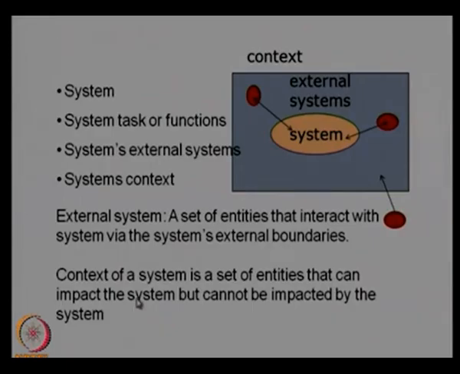The external system directly interacts with the main system, but the context is not interacting directly, or it cannot be impacted by the system, but there will be a lot of influence of the context on the system performance. Therefore when we design a system, we need to look at what are the external systems and what is the context in which the system is being used, so that we know that the system may get affected by the context.